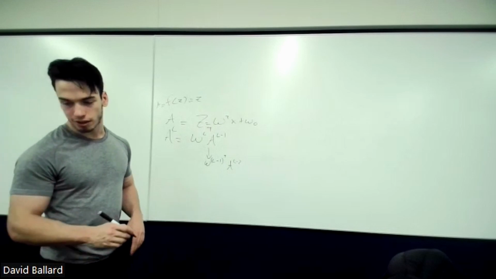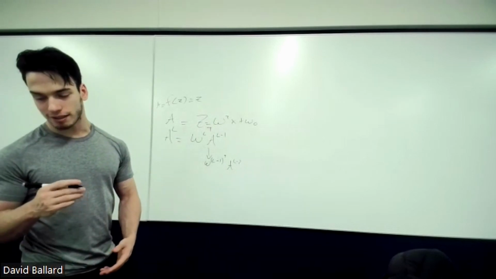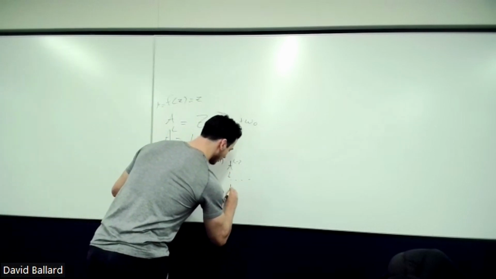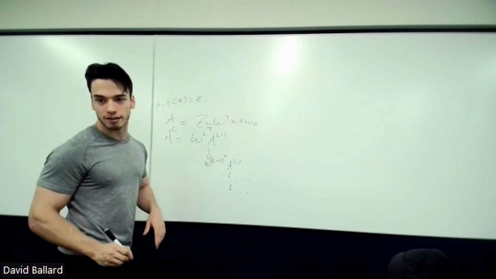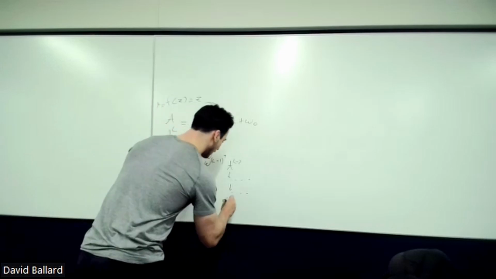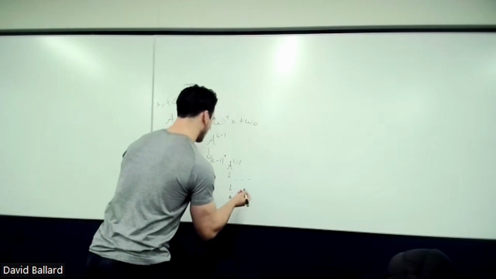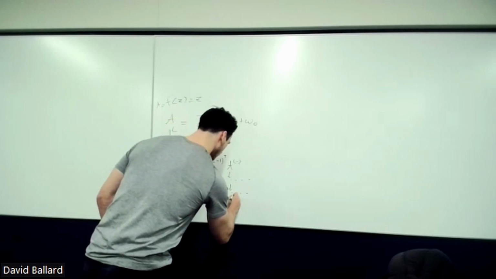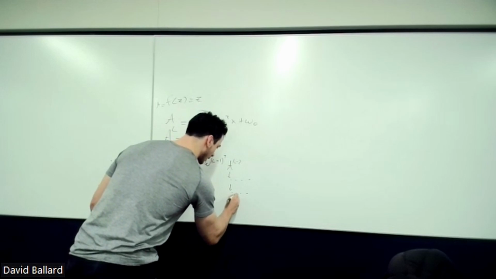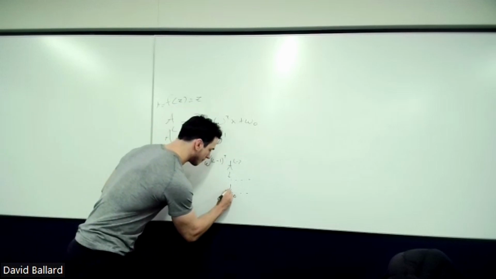And we could keep doing this, going down and down until we get to A1, which is A0 times W1 transpose.